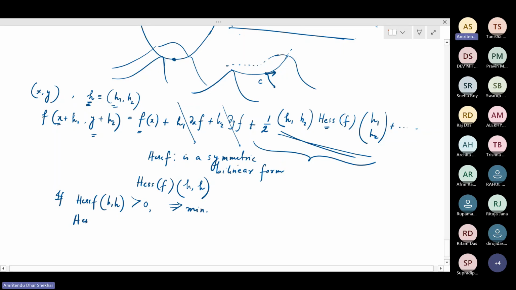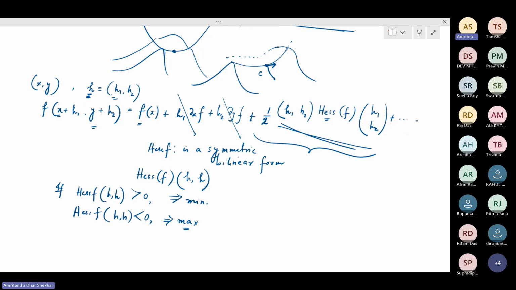If this is negative irrespective of all h, then this is a maximum. But if there are some values of h where it is positive and some values of h where it's negative, then it is a saddle.